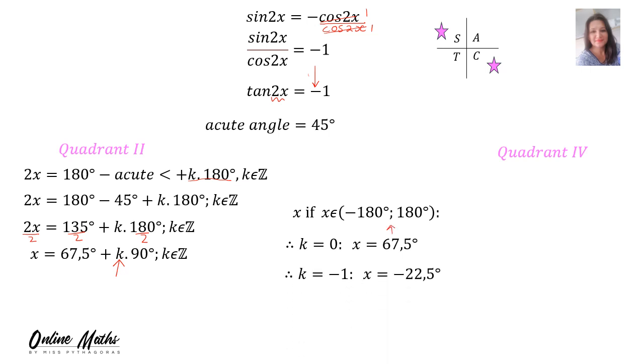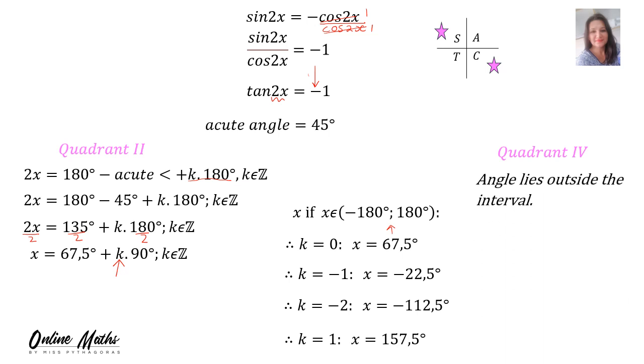When you substitute k is equal to minus 1, you end with x is minus 22,5 degrees, which is also valid. K is equal to minus 2, then you end with x is minus 112,5 degrees, and it's valid. And when you substitute in k is equal to positive 1, your x is 157,5 degrees, and it's also valid.